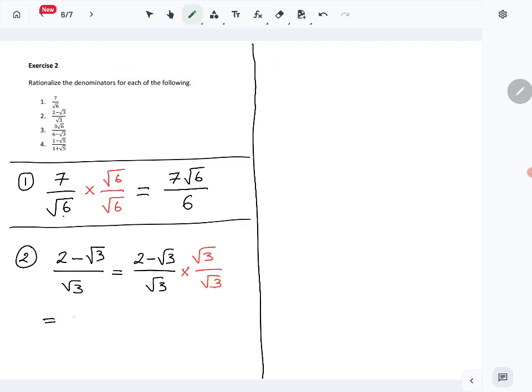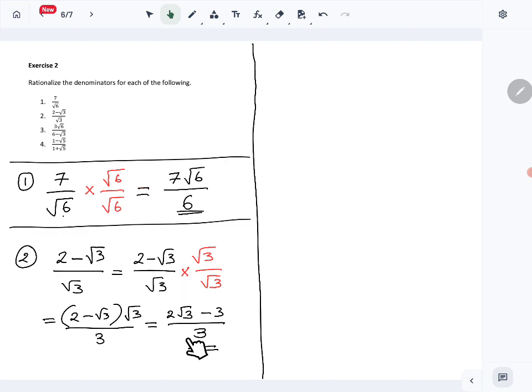So then simplify. 2 minus square root 3 times square root 3 in the numerator. Square root 3 times square root 3 becomes 3. Then distribute the square root 3 in the numerator. So you get what? 2 square root 3. Square root 3 times square root 3. Again square roots cancel. You get minus 3. Whole thing over 3.